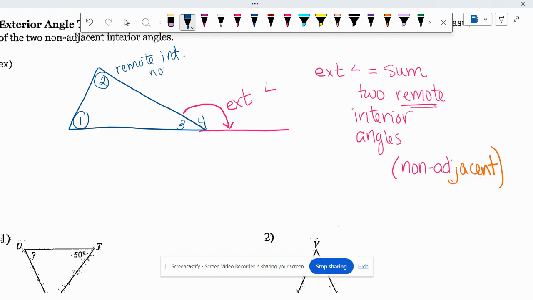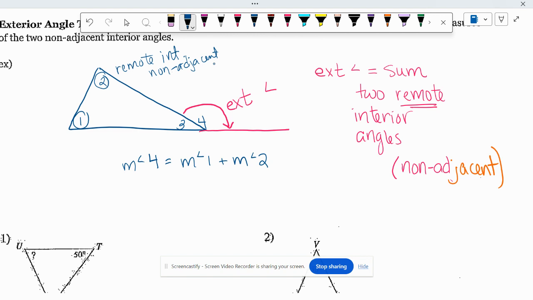They could also be called the non-adjacent. And so the exterior angle, which is the measure of angle 4, equals the sum of the two remote interiors, so the measure of angle 1 plus the measure of angle 2. So that's what the exterior angle theorem says.